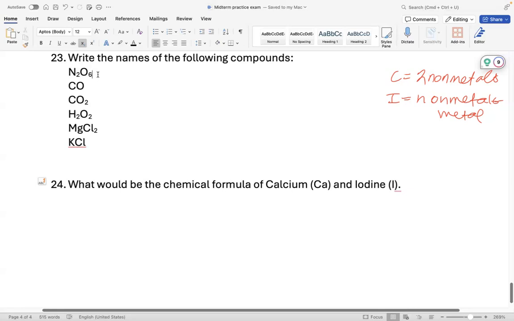All right, so nitrogen, oxygen, they're both to the right of the periodic table, so this is a covalent compound. Carbon and oxygen both are to the right, so covalent. Carbon and oxygen again, just in a different ratio, still covalent.